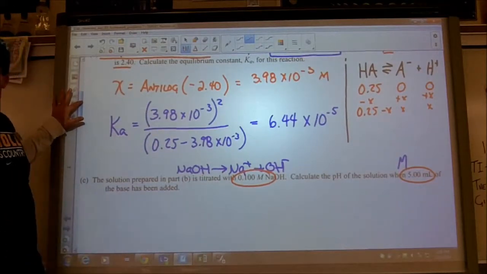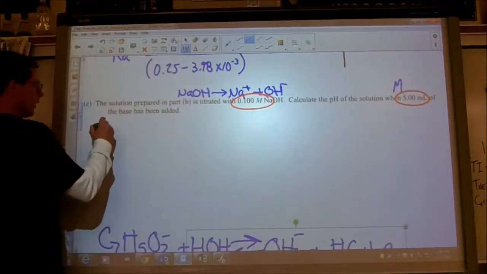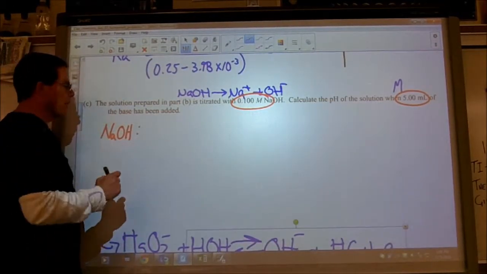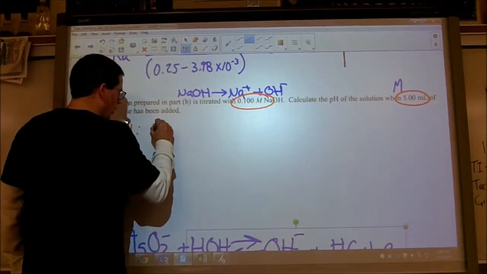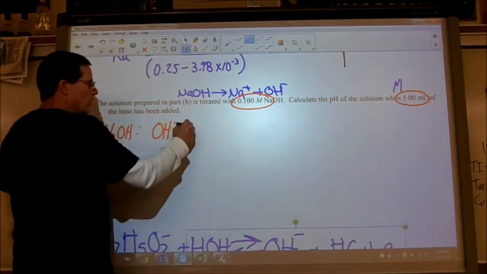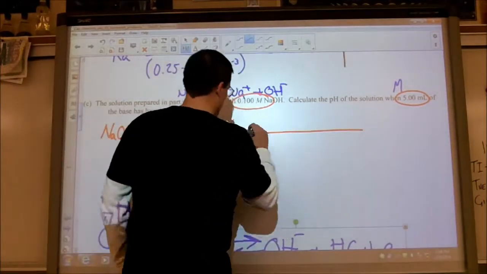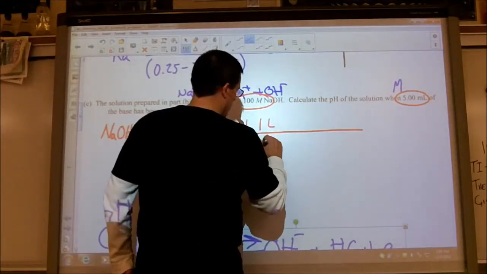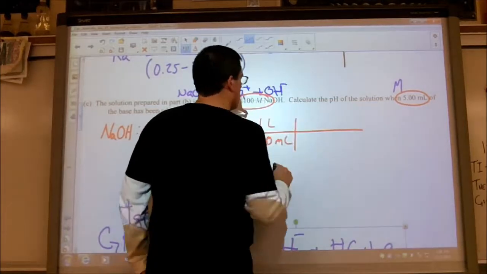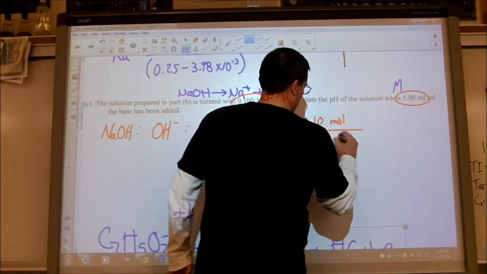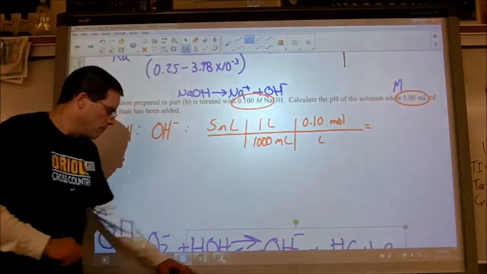So we want to find out how many moles of each we have. It doesn't matter if you start with sodium hydroxide or the other one. Sorry, Timmy, let me do this for you. Hydroxide. So we have 5 milliliters and 1 liter, and the molarity was 0.1, and that'll give us some value.